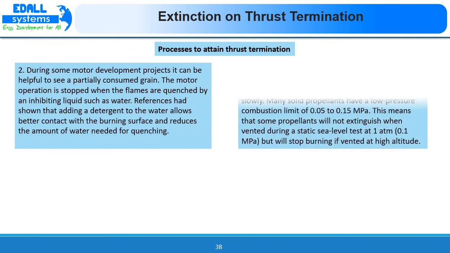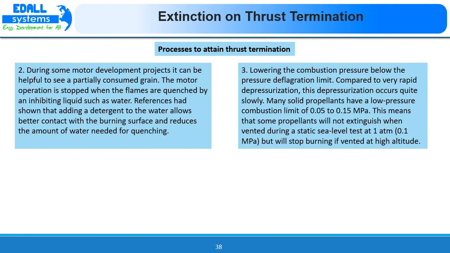Then lowering the combustion pressure below the pressure deflagration limit can also be one of the processes which we can go for. Compared to very rapid depressurization, this depressurization occurs quite slowly. Many solid propellants have a low pressure combustion limit of around say 0.05 to 0.15 MPa.